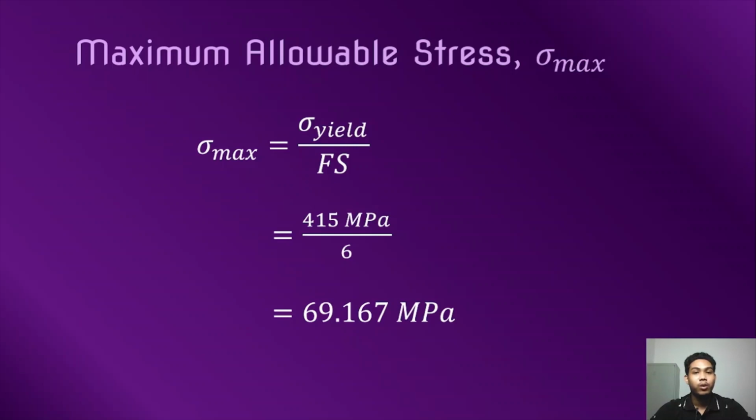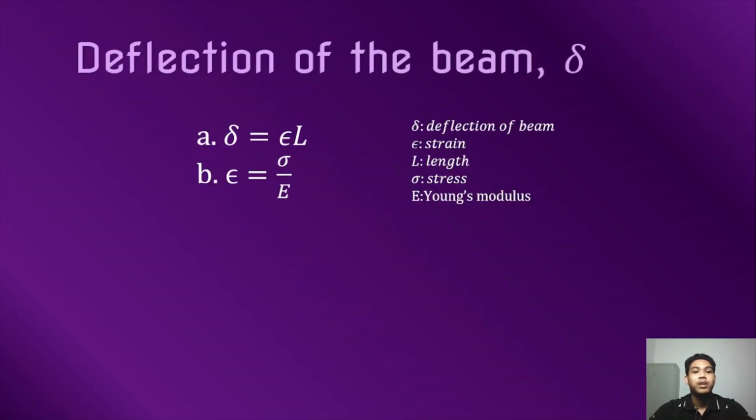From the values that we obtained before, we put the values inside the formula. 415 megapascal divided by 6 and we get 69.167 megapascal. This is the value of maximum allowable stress. Next, we will calculate the deflection of the beam.